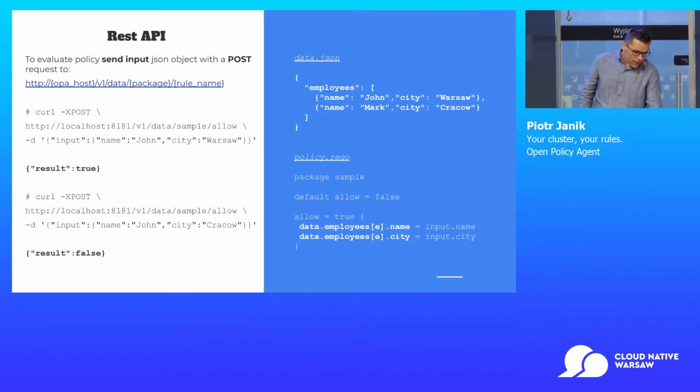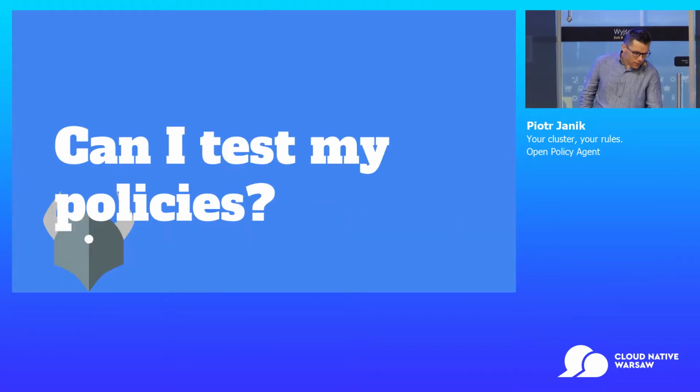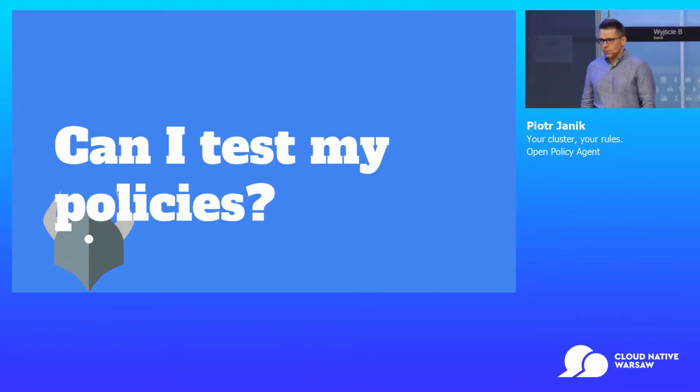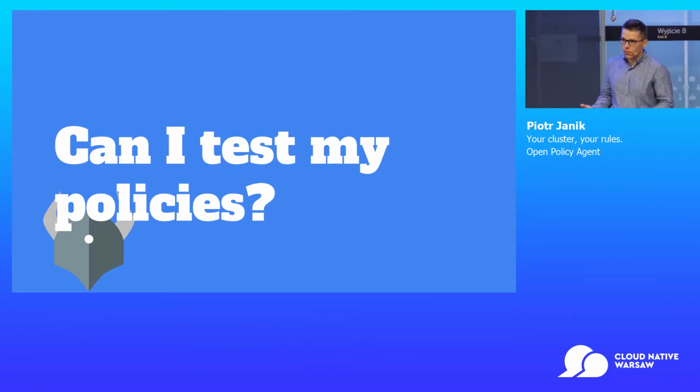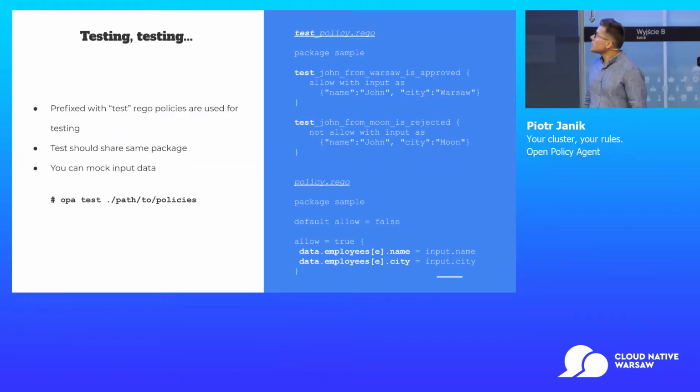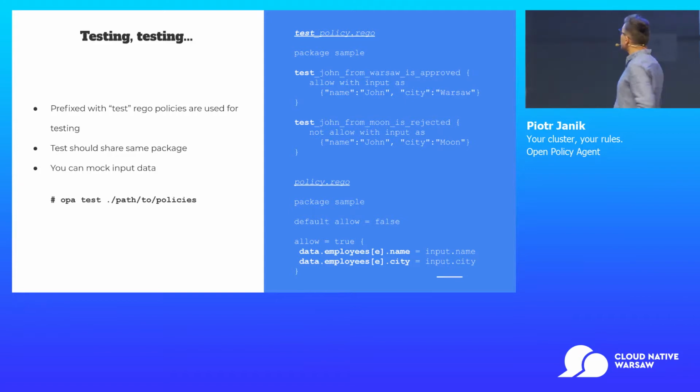But since it's difficult, can we test it? So you build these rules and you need to be sure that what you defined is correct. And there is a way, of course, to test it. To write a test, you just write another Rego file, but this time you need to prefix the rules with test and the file with test as well.